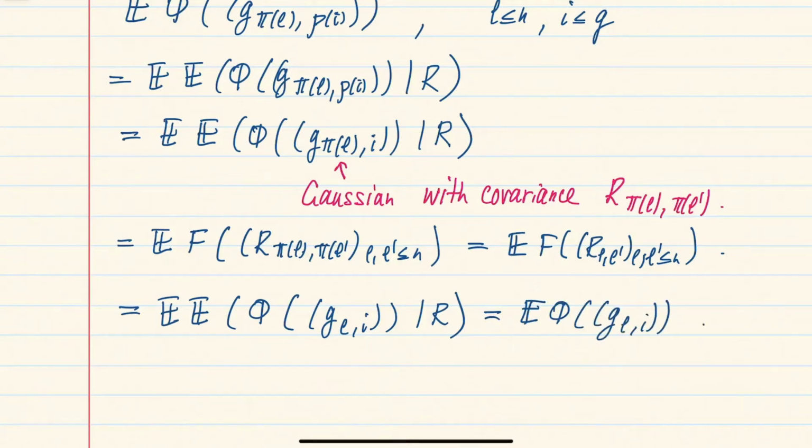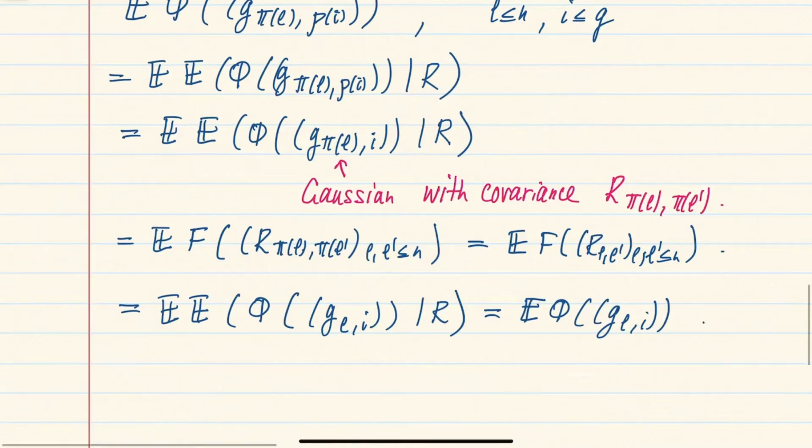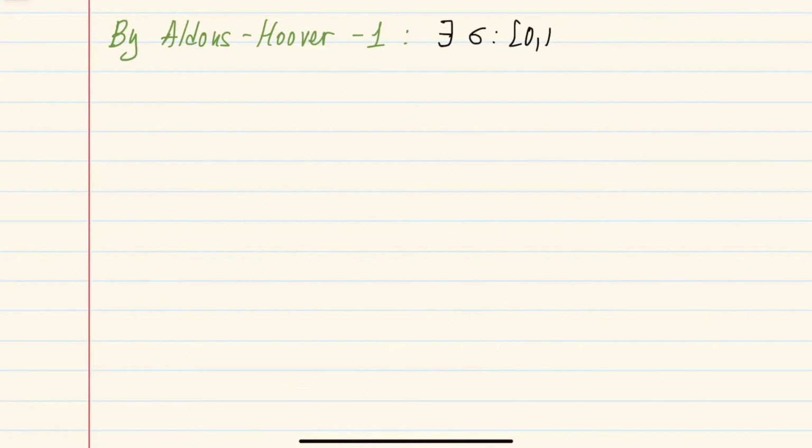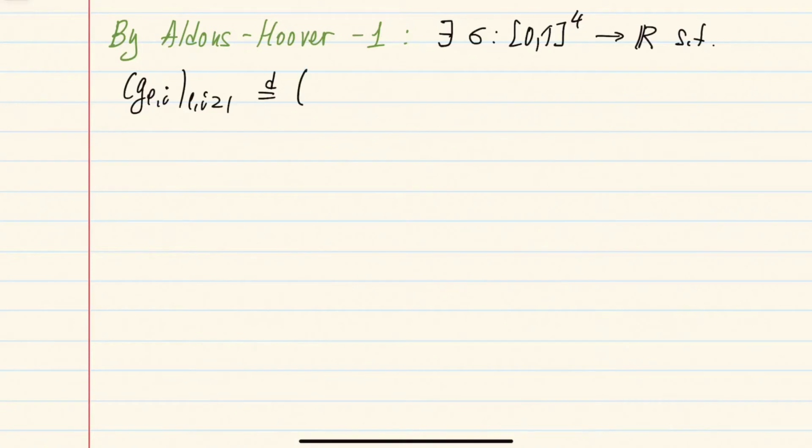And so this shows that this auxiliary array G is an exchangeable array, which means that we can describe it by the Aldous-Hoover representation. So by the Aldous-Hoover representation, which we called number 1 in the last section, there exists a measurable function sigma of 4 coordinates on [0,1], such that this array is equal in distribution to the array given by this function on various IID uniform coordinates.